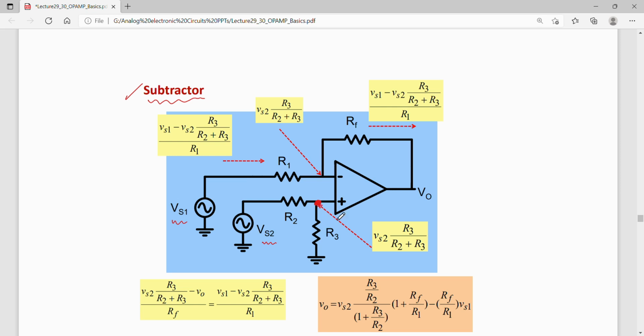Now this potential should also be present at this point because these are virtually connected. Okay. So that means this potential will also be equal to this potential. So I can write that this potential is also Vs2 R3 by R2 plus R3, the same value. Okay.